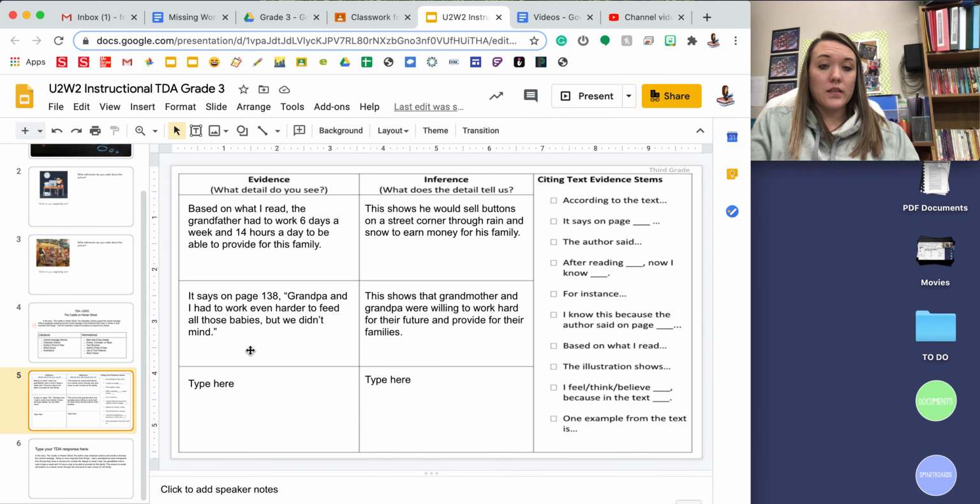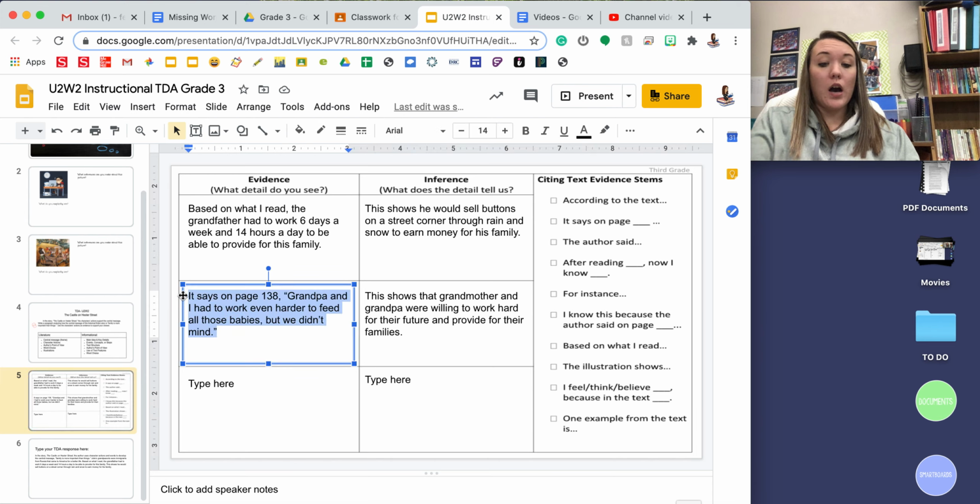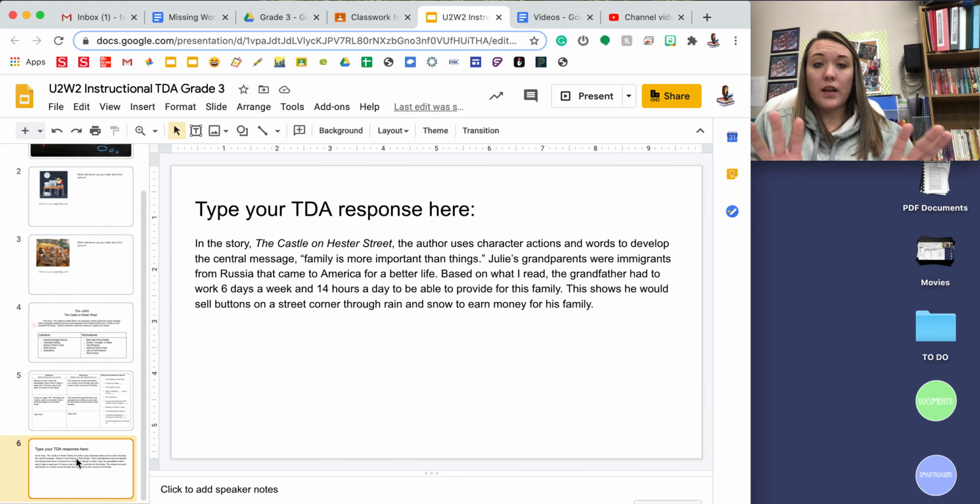So I'm going back to slide 5 on my chart. I'm again going to copy and paste. That's why we do this chart. It kind of brainstorms all of our evidence and inference in one place, and then you're able to just put it into your response.